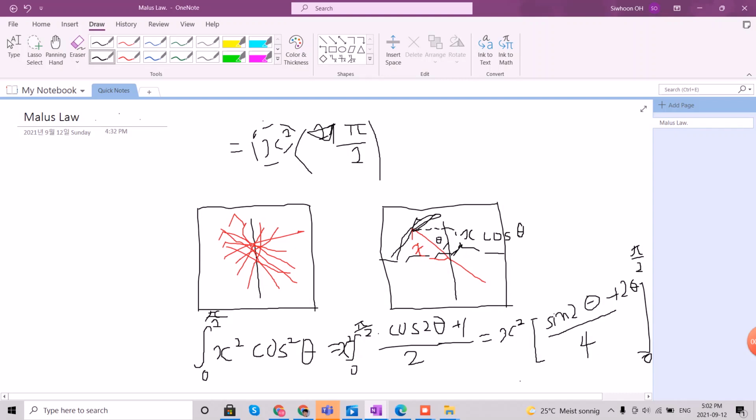So the original ray is x squared, no, because we're only talking about this angle. And this angle, it's pi. And here we can see that the intensity has halved from what it was before using integration.